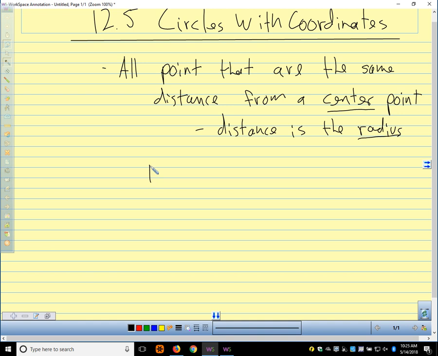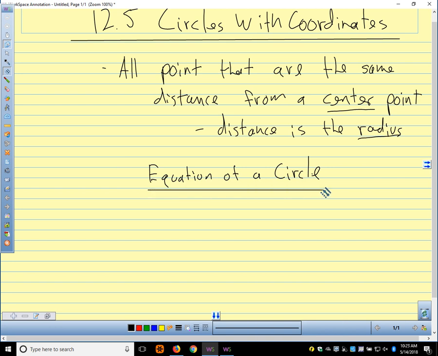So our equation of a circle: we're going to say our center is at the point h, k. I don't know why, when we're talking about circles, parabolas, ellipses, hyperbolas, we talk about the center being h, k.